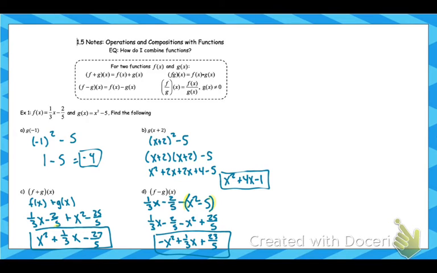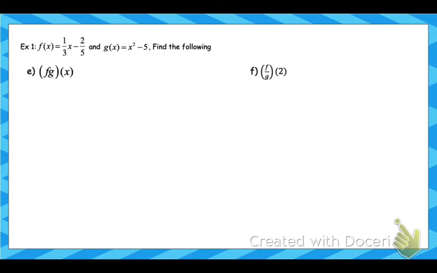All right, let's look at the same functions and a few more operations. Let's look at multiplication. So I'll take these two functions, 1/3 x minus 2/5 times x squared minus 5. And let's FOIL it out. So 1/3 x times x squared would be 1/3 x to the third.